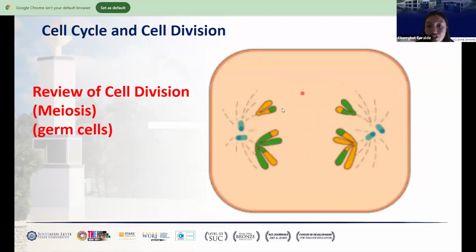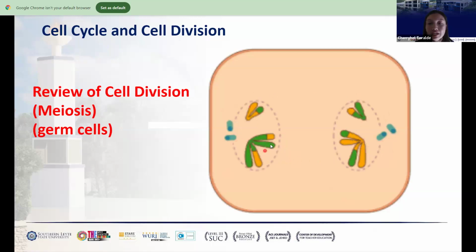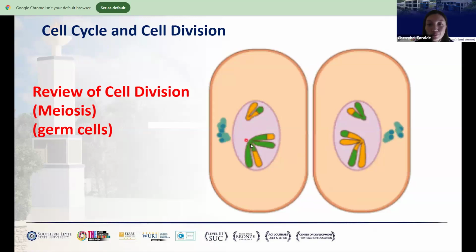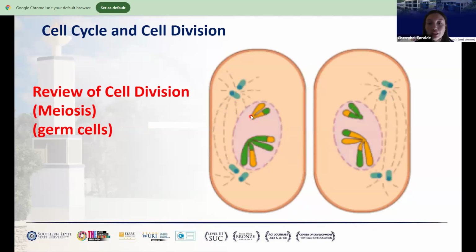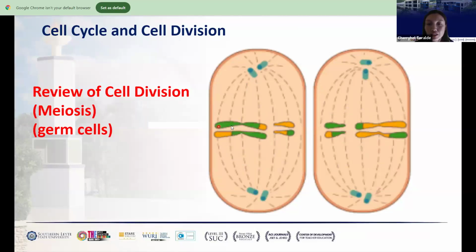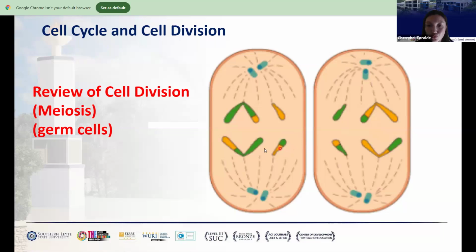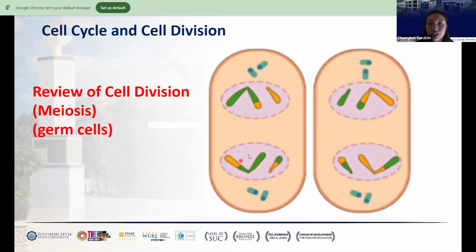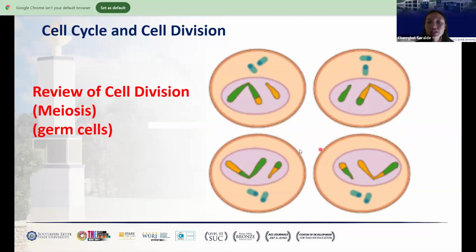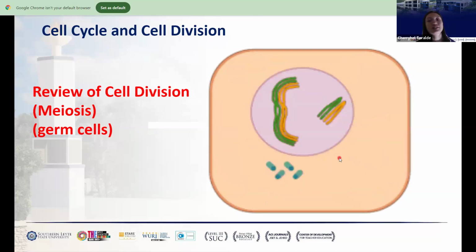Here is another GIF. So, this is meiosis 1, telophase 1, and then prophase 2, and then metaphase 2, anaphase 2, and then telophase 2, forming 4 haploid genetically distinct cells.